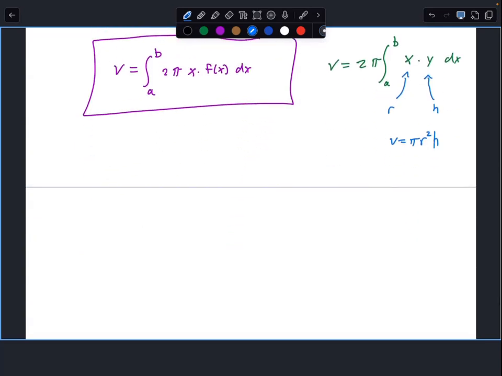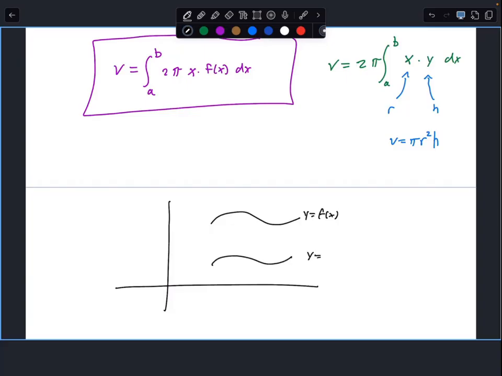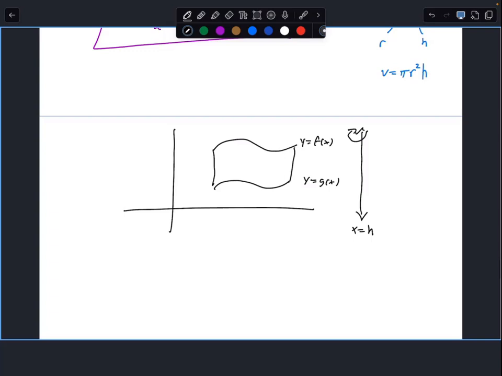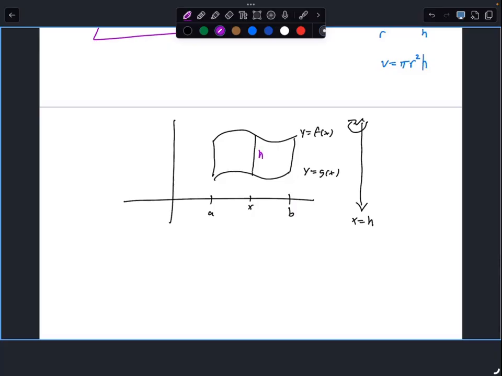Now, why do I say that? Because if I were to give you y equals f of x and y equals g of x, and we were revolving around that point over here, x equals h, where it's bigger, like this, then the height represents, when I drop down this point in here, this is x. I'm going to go from a to b, and so this height I can see here is f of x minus g of x.